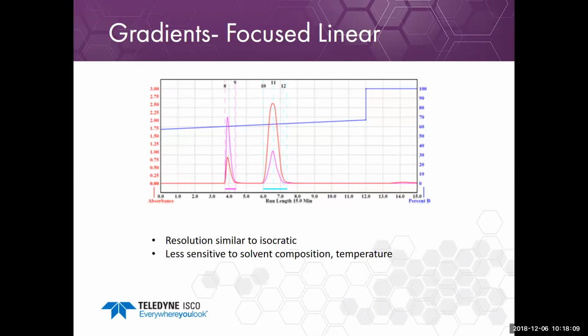Another thing that isocratic runs are somewhat sensitive to is temperature. Sometimes the peaks elute earlier or later as the temperature in a room changes, and that can affect the retention. So running a linear gradient reduces the effects of temperature.